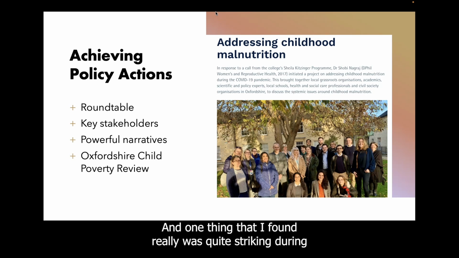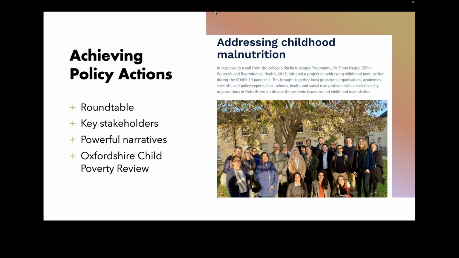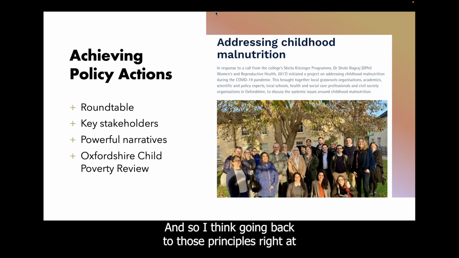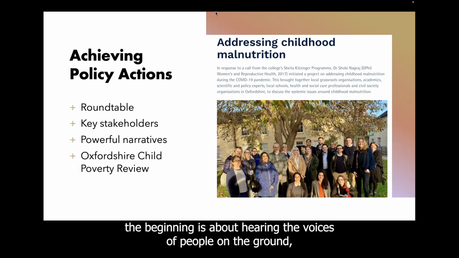And one thing that I found really was quite striking during this was that actually it was the narratives of the people on the ground, those grassroots organisations, that I think impacted a lot of the policy changes that have subsequently taken place. And so I think going back to those principles right at the beginning is about hearing the voices of people on the ground.